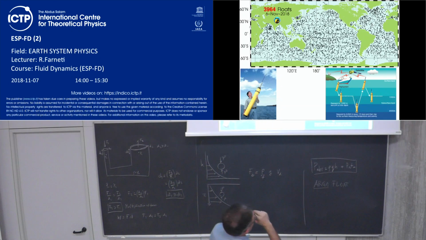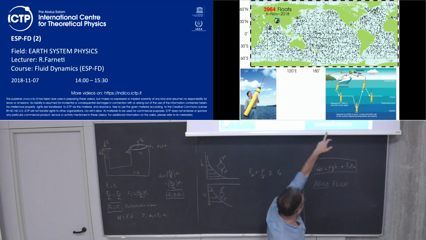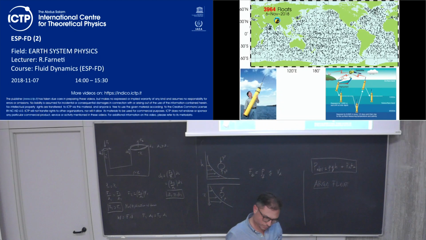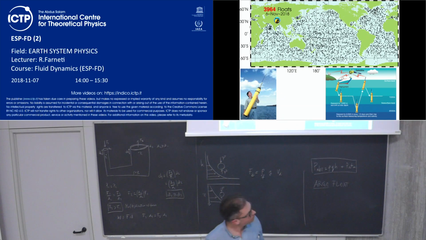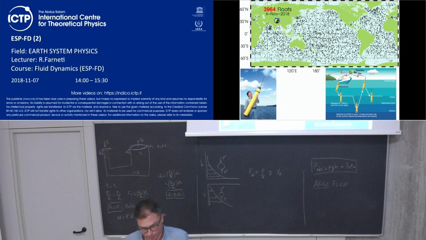The way it works is that it goes down until a certain depth, because you have set the float to reach its buoyancy at a certain level, and it measures whatever you want to measure. After 10 days, the Argo float is programmed to lose its buoyancy.